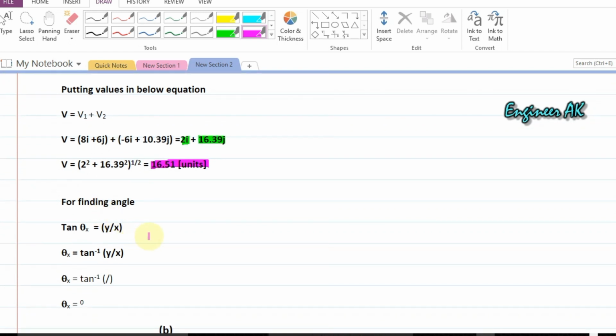Now if we want to find the angle, we will just put here the y. So y here is 16.39, right? And the x is 2, right? If I just bring it over here, the tan will come here, so it will become tan inverse, right? Let me delete it.